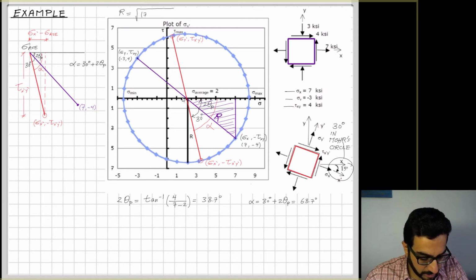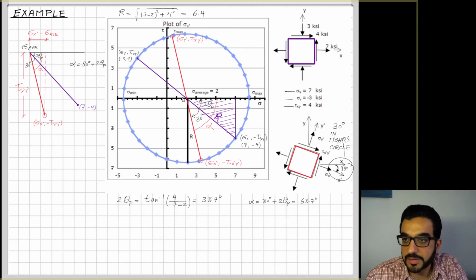Now, knowing alpha, I will be able to calculate sigma x prime and tau x prime y prime, but before that I need to find the radius of the circle. The radius is the square root of the base squared plus the height squared of the triangle. That gives us 6.4, and the units here are KSI.